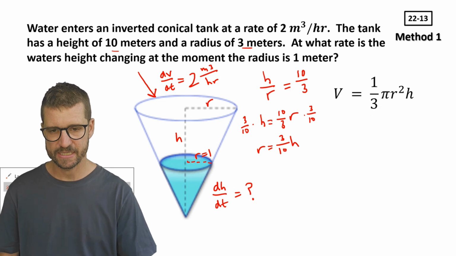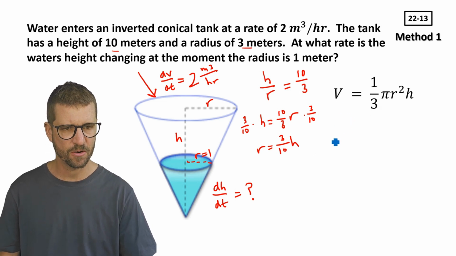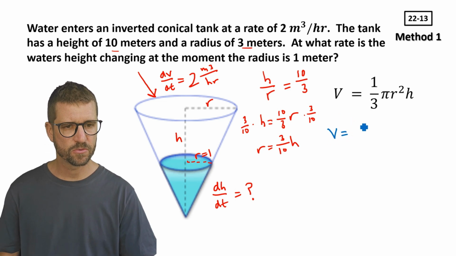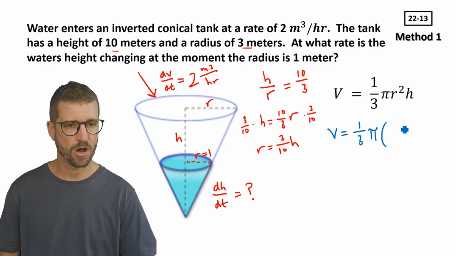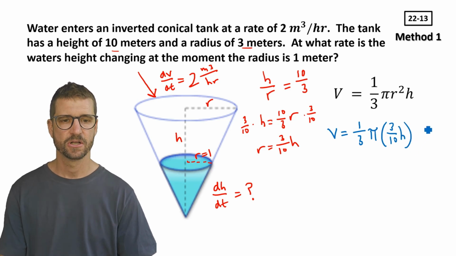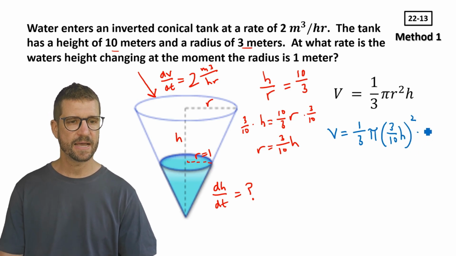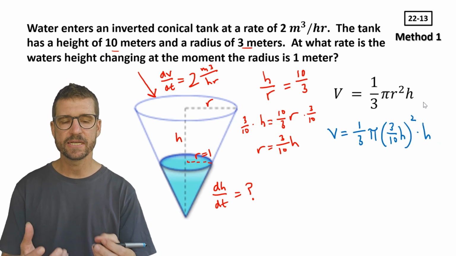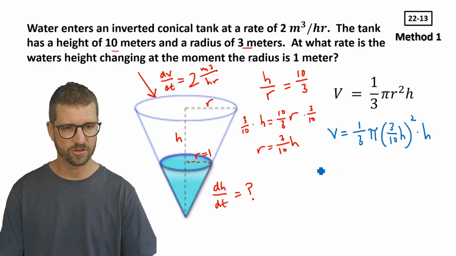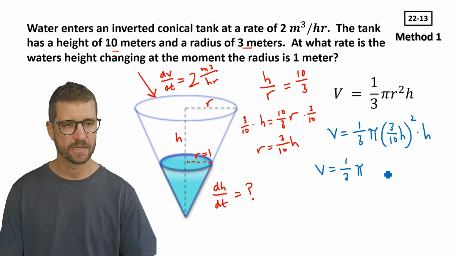So let's go ahead and plug this in. So now we're gonna get volume equals 1/3 pi times r, which we're gonna replace with 3/10 h squared times h. Now let's bring this all together, make it a little bit simpler. V equals 1/3 pi times, so you can just square everything.